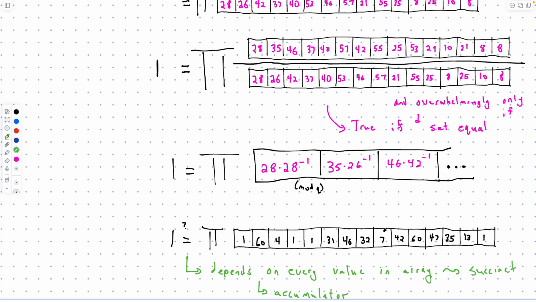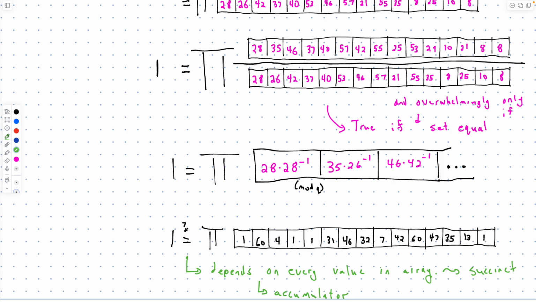It would get compressed to a 1, but at a high level, I need to look at this number 42. I can't decide whether the product of everything is going to equal 1 without looking at this particular value. If it was a 41 or a 43, then it wouldn't be true. And you can say the same thing about this value 1, and about this value 60. In other words, I have to look at every value in the array to decide whether this equals 1 or not.